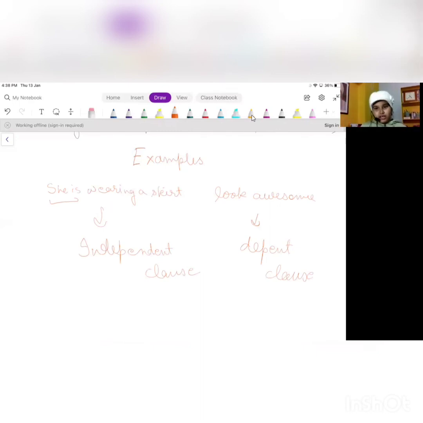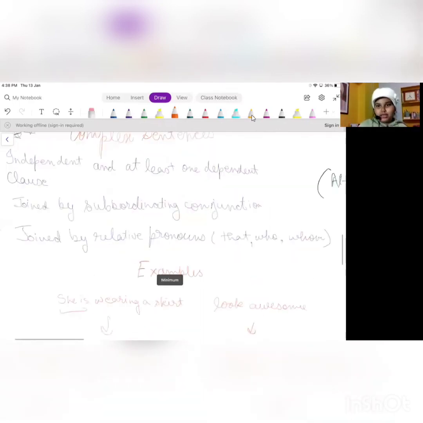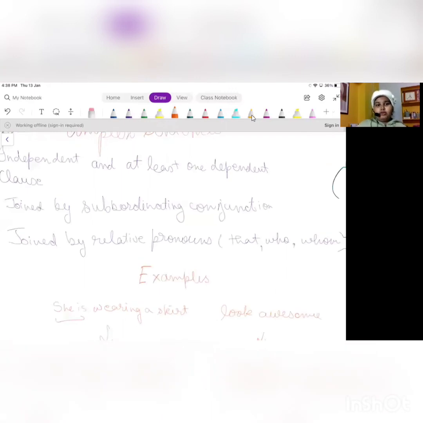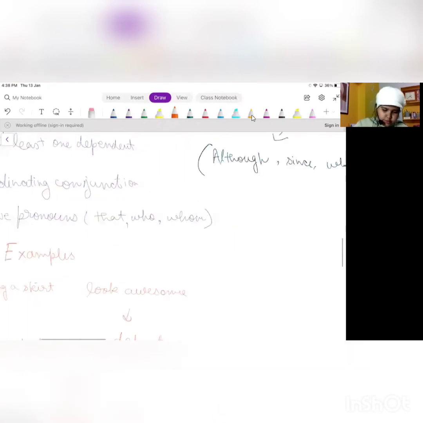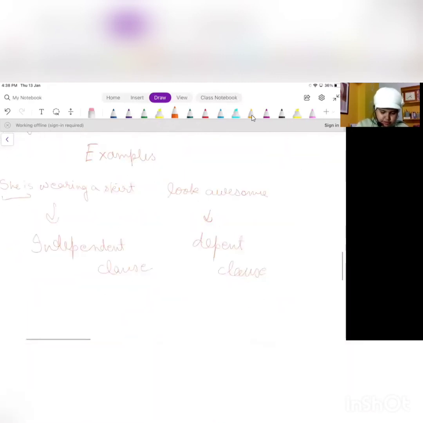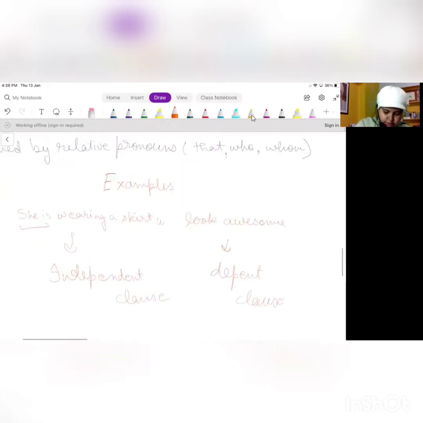By which thing can we join them, to make it a complex sentence? Joined by subordinating conjunctions or by relative pronouns. So which one should I put? Which is a relative pronoun here?